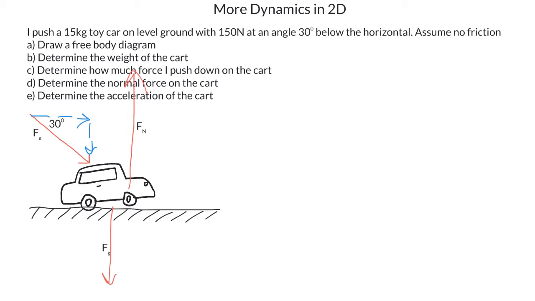And I'm going to call this one here Fay because we think of up and down as the y direction. So I'm going to label those. This is Fax. And this one is going to be Fay.